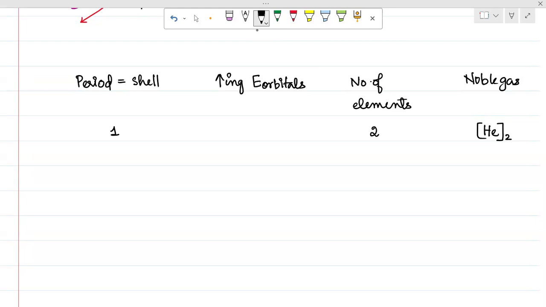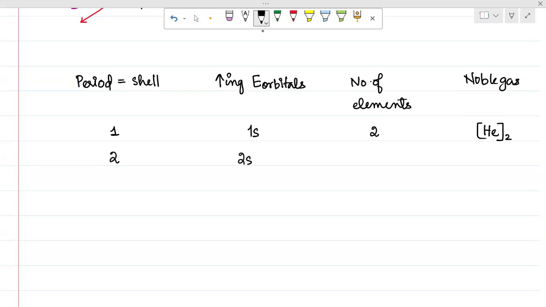Now, what are the orbitals which are present over here? We said that here we'll be having only one shell, which corresponds to 1. And we know that it is only 1s. We do not have 1p, we do not have 1d. So it's just 1s. 1s can have 2 electrons and hence the number of elements is equal to 2. Next one, second shell, which are the orbitals?